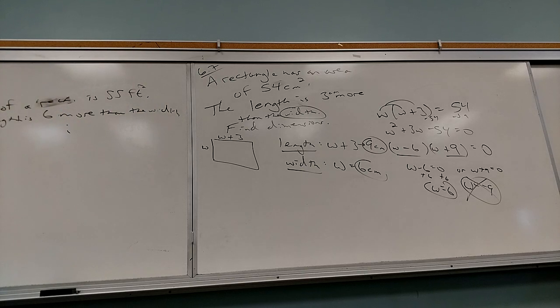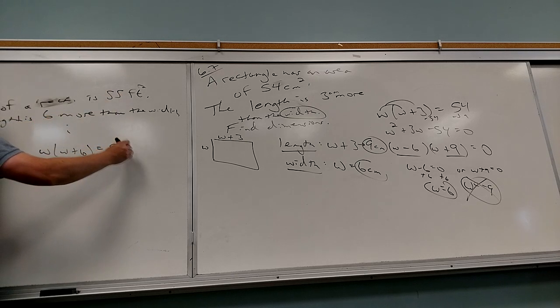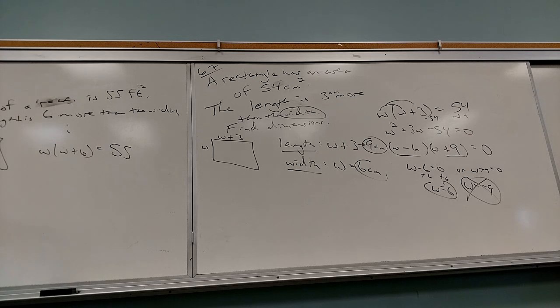Same question, right? And it would work the exact same way. Now, real quick, what would it look like? It would look like width, and the length would be W plus 6. Then I get W times W plus 6, that's the area, which has to equal what it is physically. I'm doing this a little bit quickly because it works the same way as the other one, right? I have a place I'm going here in a minute.